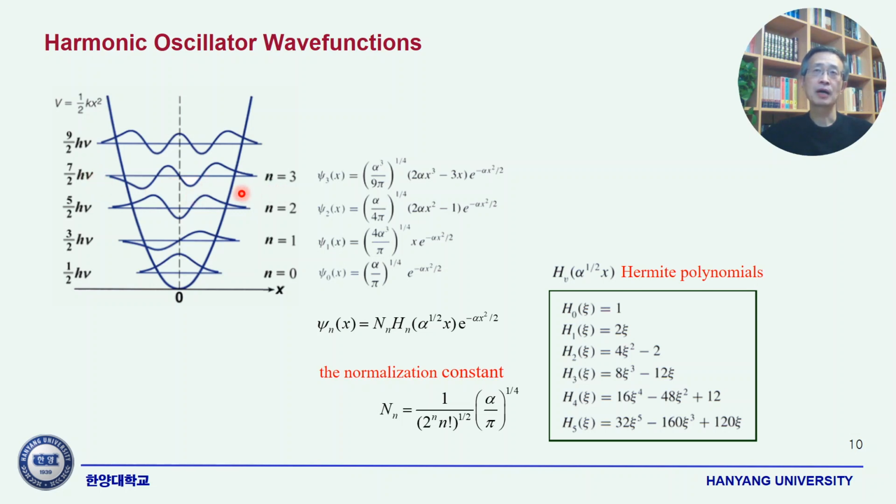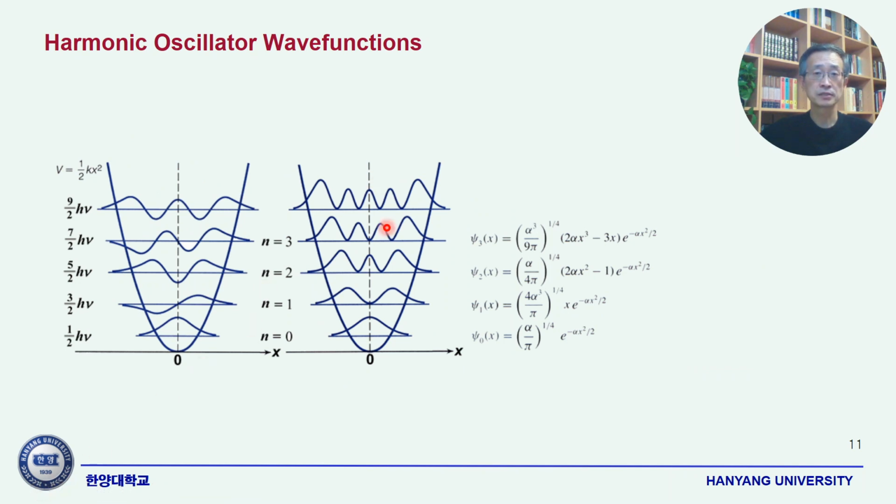And then the probability that you find the oscillator inside of the potential well is given by psi squared, or if this is a complex function, psi star psi. So that's the next slide. Okay, just like this. Okay, so this is the behavior.